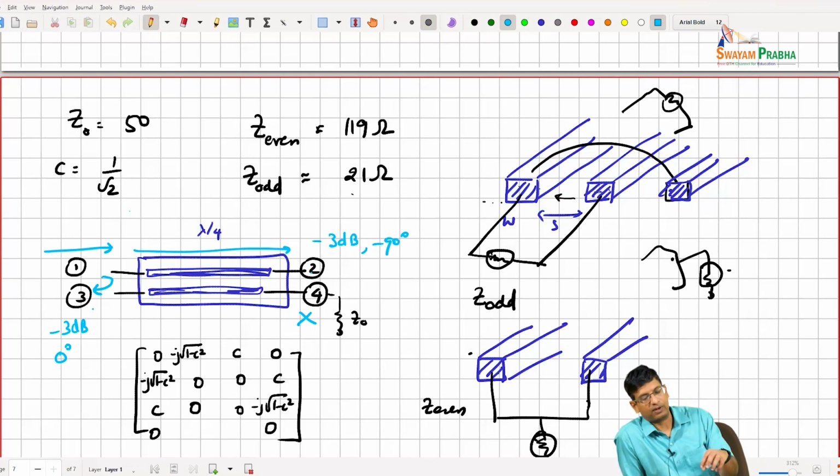And this kind of coupler is pretty easy to implement on the chip, right? And we can very tightly control C, because this is all very high precision metallization.